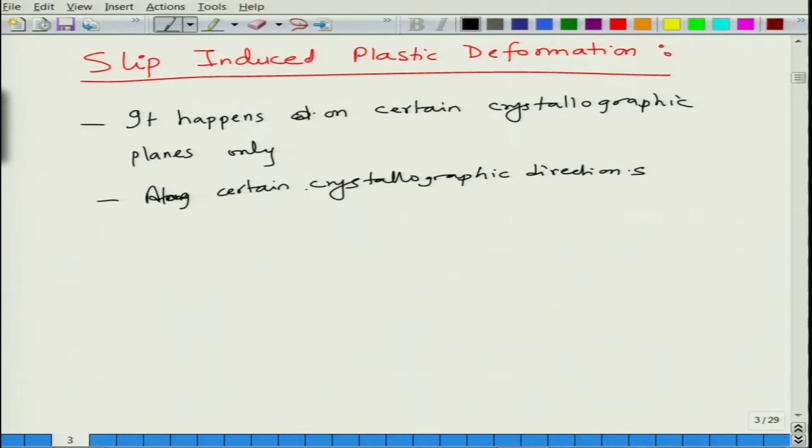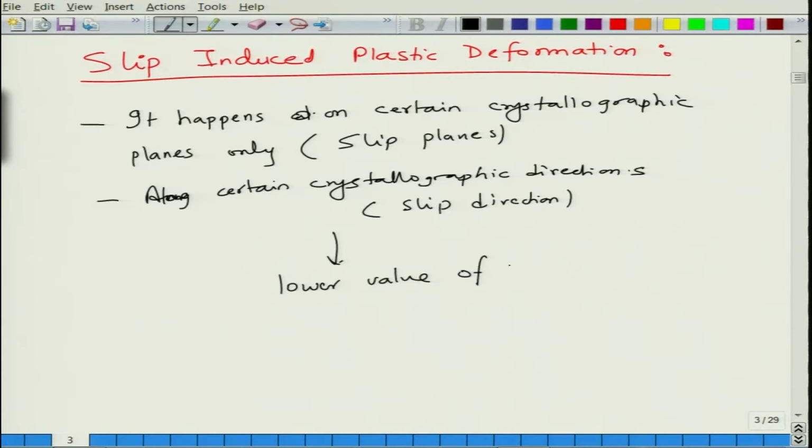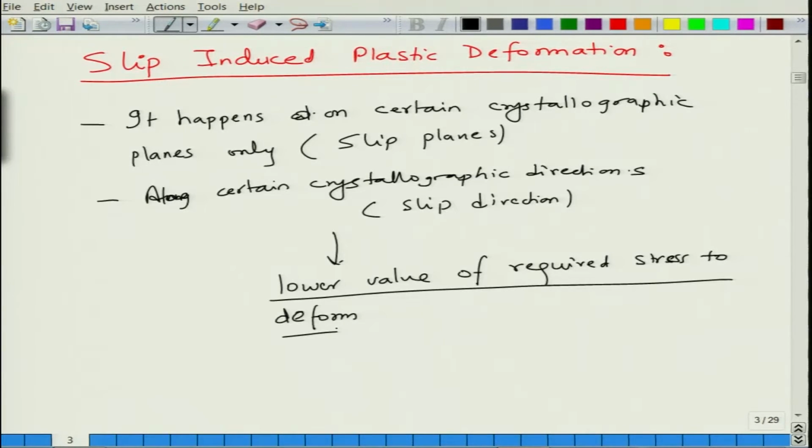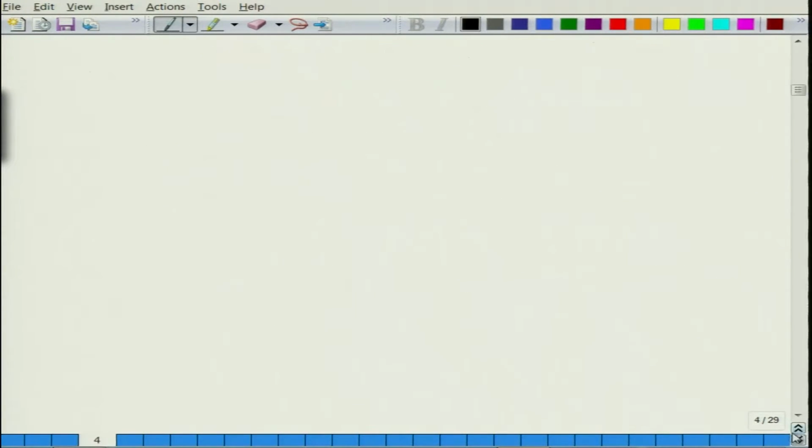These are called slip planes and slip directions, and it happens in this fashion because they lead to a lower value of required stress to deform. There are microscopic theories behind this, but essentially it is because of the lower stress required to deform the material. Together they make what we call a slip system.